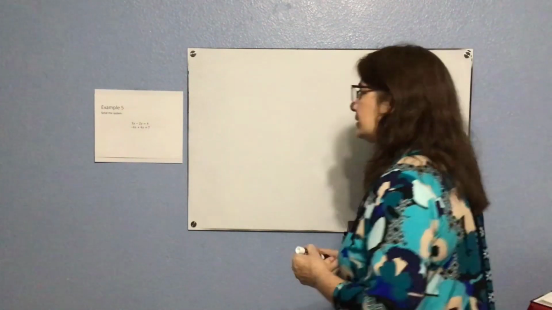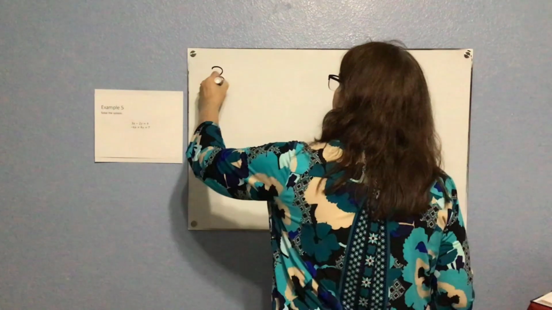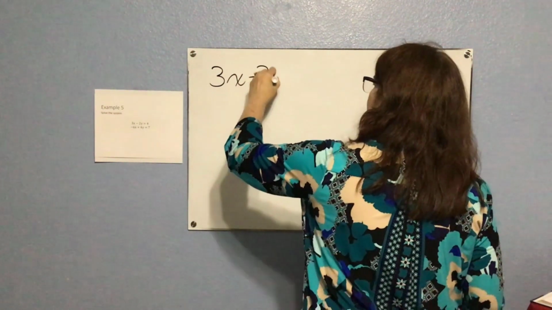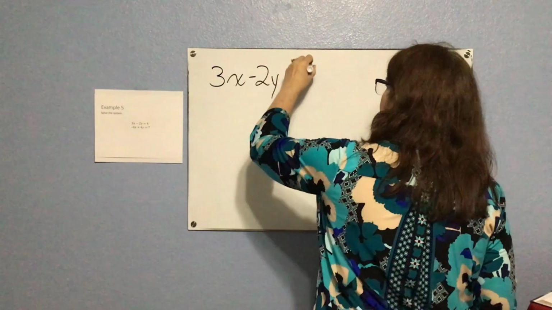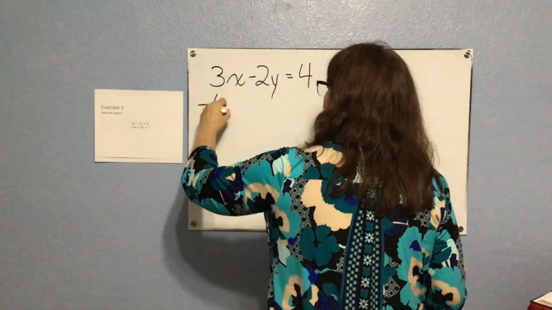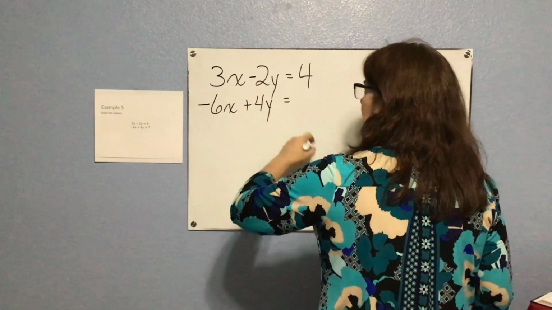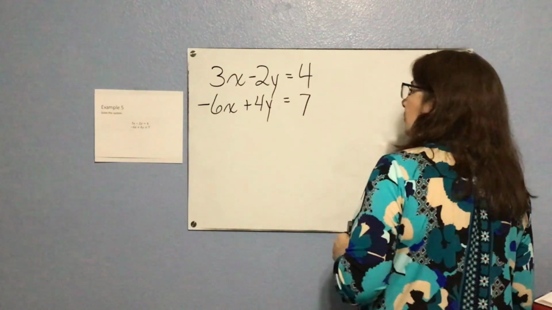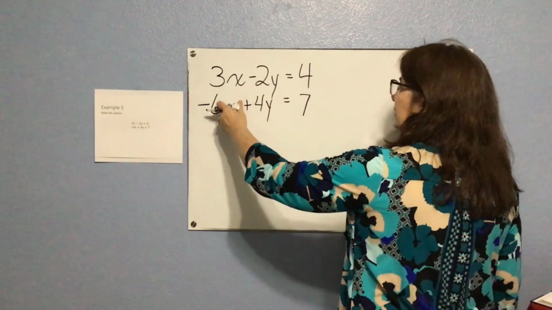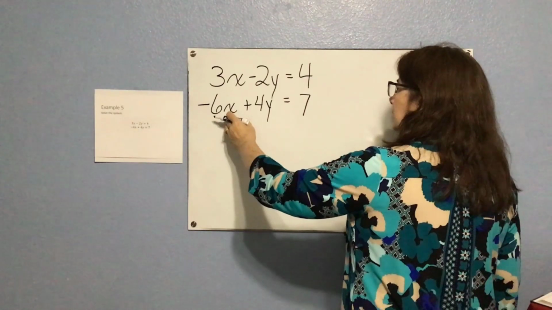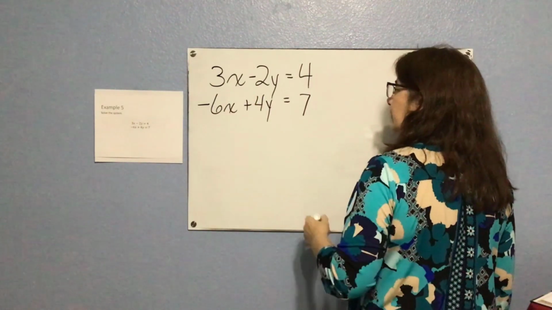As I said earlier, sometimes we have a system where all the variables drop out, but we end up with a statement that's not true instead of a true statement like we did last time. So let's solve this system to see that. Once again, I can see that the coefficients in the second equation are negative 2 times the ones in the first equation.